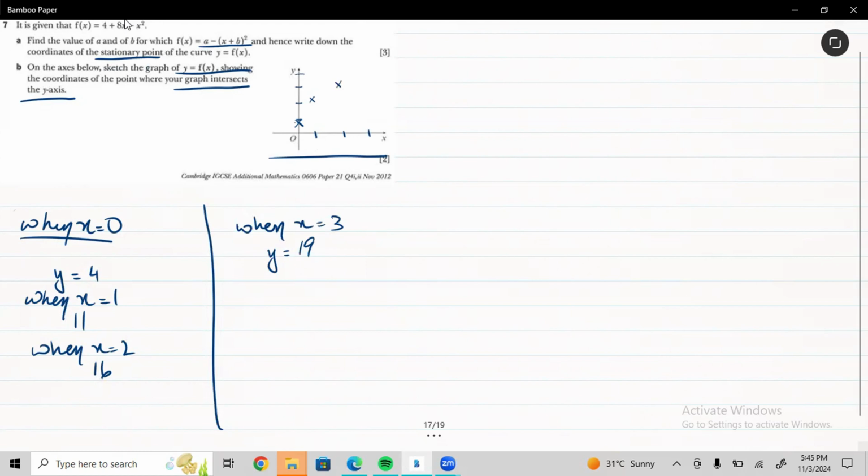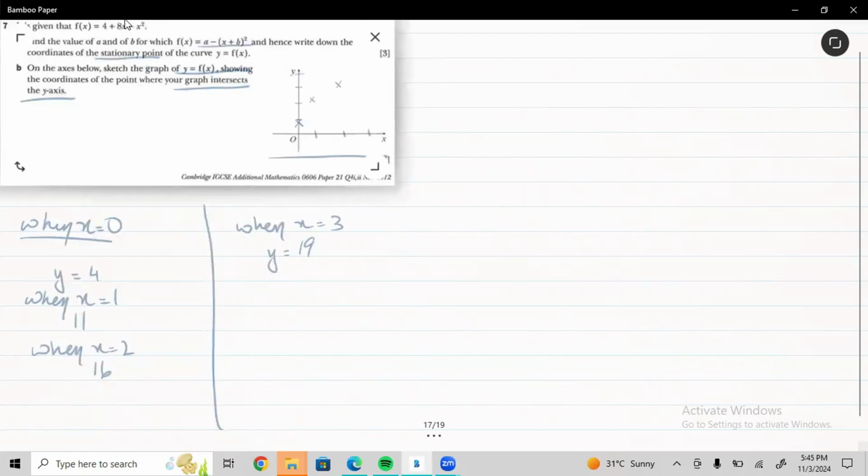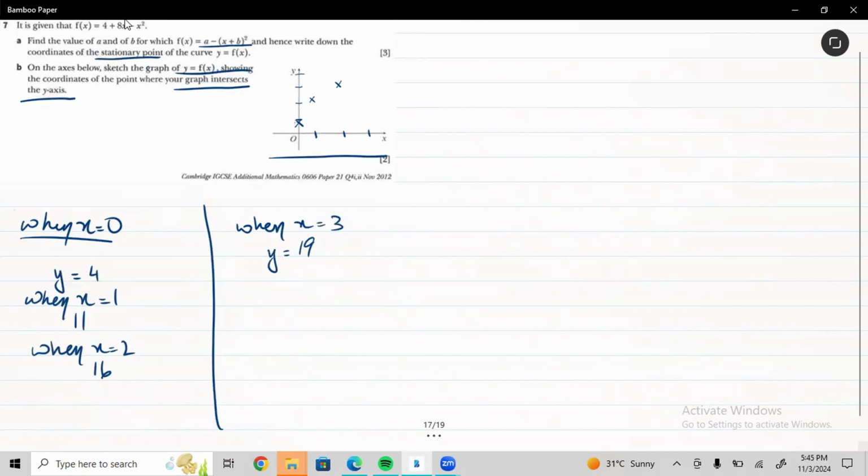When x equals 3, y is equal to 19. Okay, so that's basically what the curve is, something like this. Make it smoother. So this is part of the curve, showing the coordinates. And that's it. This is for question number 7, part A and B.